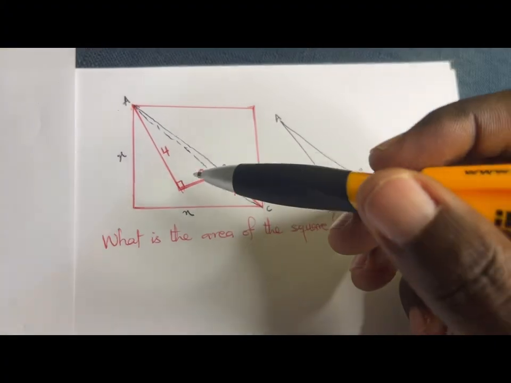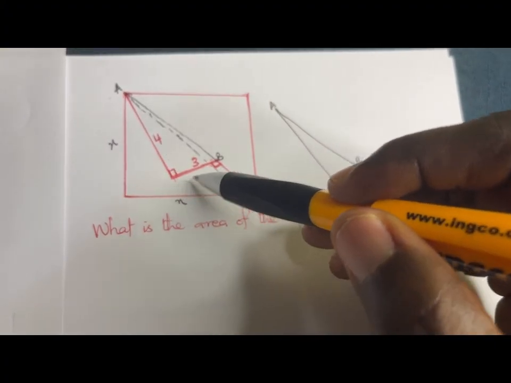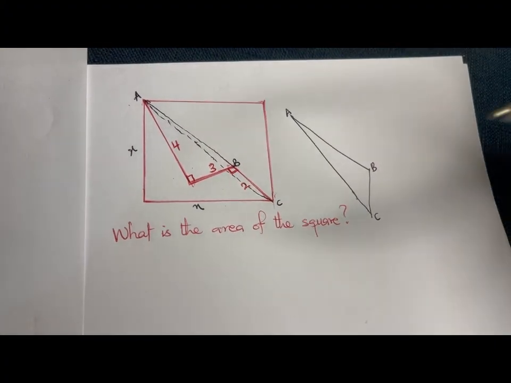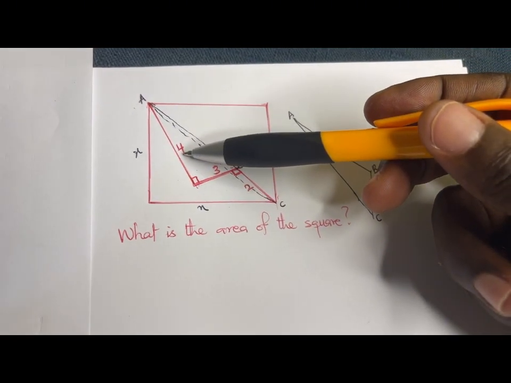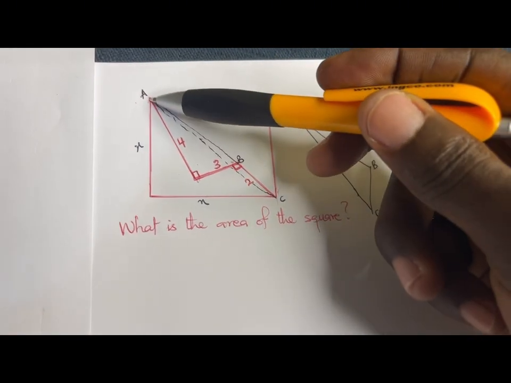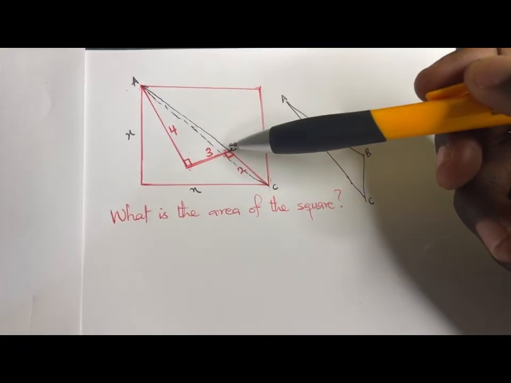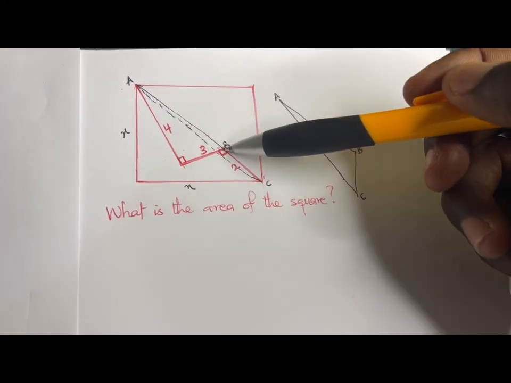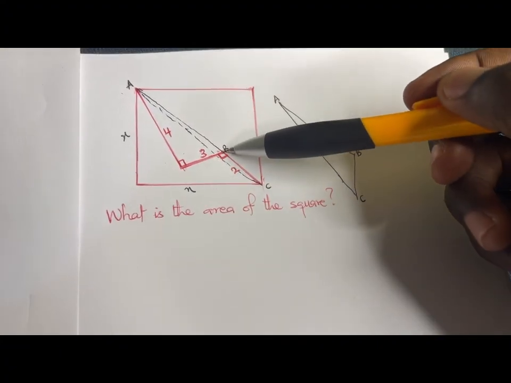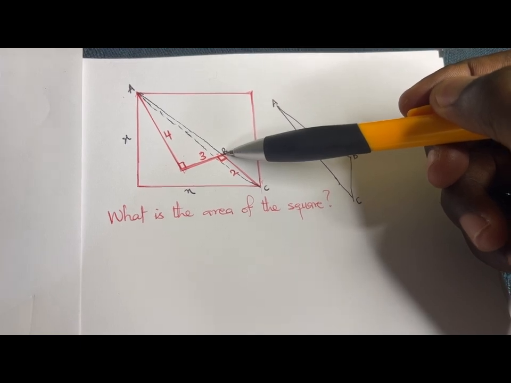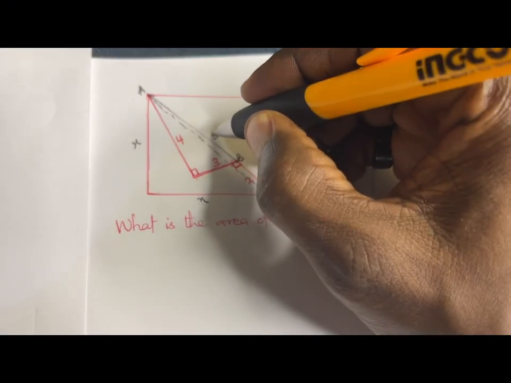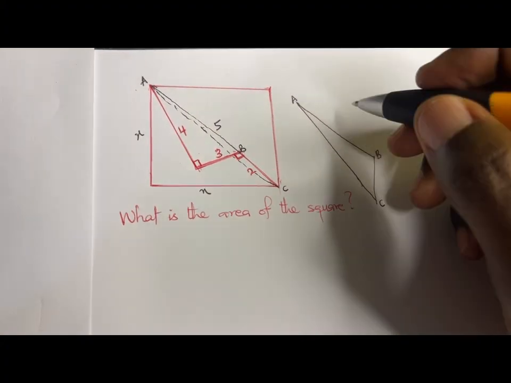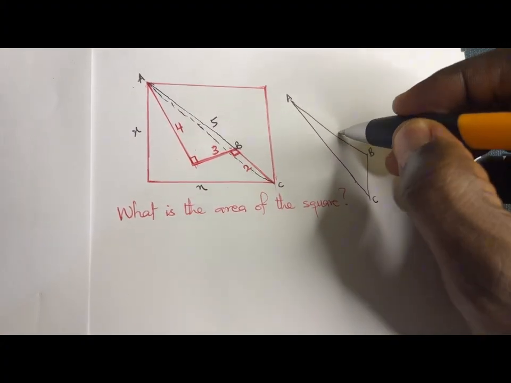Since we already know that this is a right angle triangle, we can use the Pythagoras theorem to solve for the hypotenuse here, the longest length, that is AB. So that will be 5 when you solve. So that means from here to here is 5.